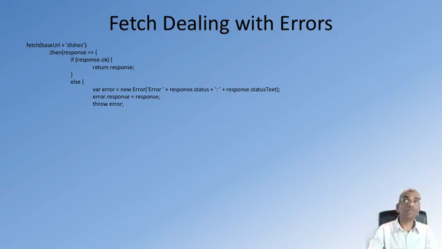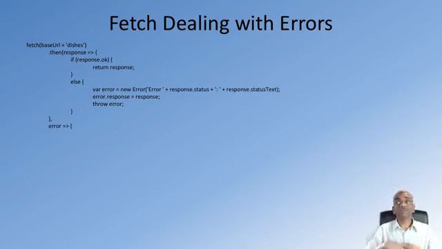You can even put the response into the error object if you want, and then throw the error there. When you throw the error, the catch that you implement later on will catch this error and deal with it appropriately. So that's how you would handle the response from the server side.